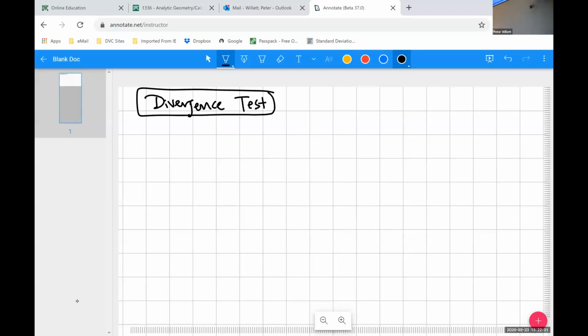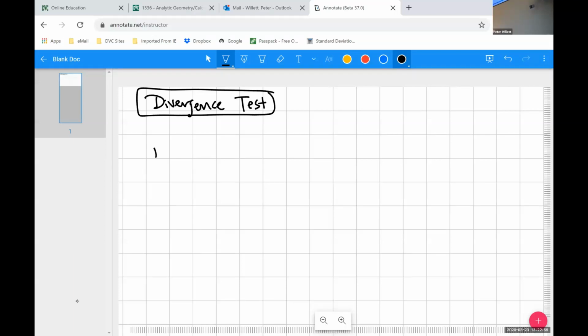So after looking at the divergence test, the book spends about a page and a half introducing the harmonic series, which I've already introduced. But they look at it, as I mentioned before, numerically and graphically, and then they give you a theorem out of it.